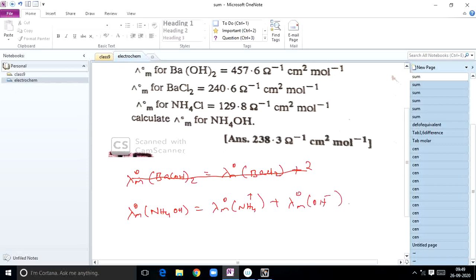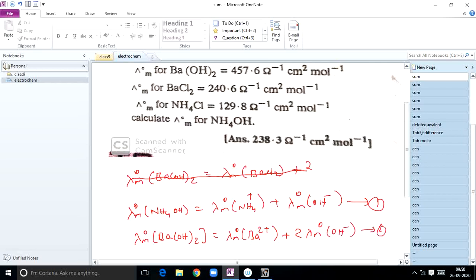Okay, this is first equation. Now after that, how you will bring out the relation? 3 electrolytes you take, whatever the electrolytes he has given, you split them. Lambda m naught of Ba(OH)2 can be written as, according to Kohlrausch law, lambda m naught of Ba2 plus plus 2 into lambda m naught of OH minus.